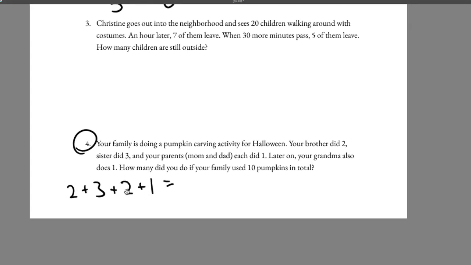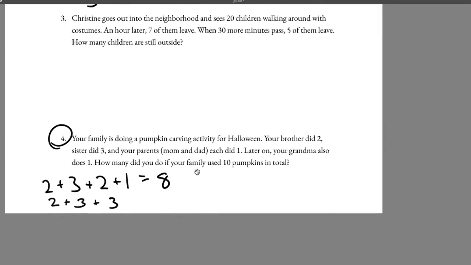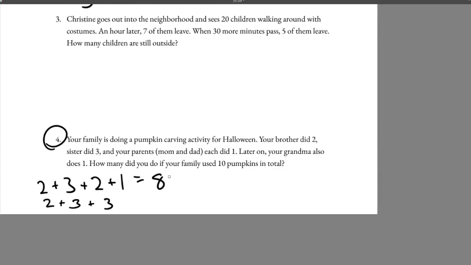So if we add this up, we get 3 plus 3 plus 2, and then if we add this, we get 8. Now we know that 8 pumpkins were used, but this isn't our answer because we're trying to find out how many we did. So we subtract 8 from the 10 pumpkins that were used in total, and we should get our answer, 2 pumpkins that we carved.